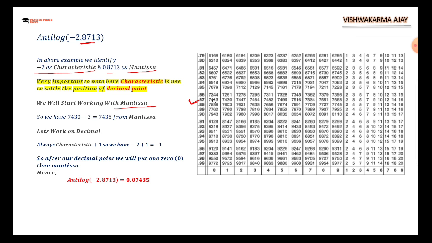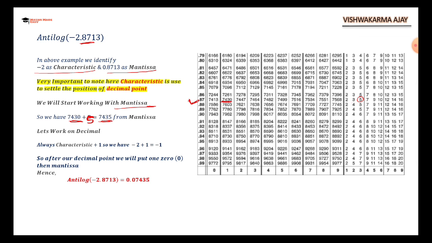This first column is 0 and this is 1. 7430. Mean difference 3. 0.87 mean difference 1 2 3, this is 5. Sorry, this has to be 5. So 7430 plus 5, you will have 7435 from the mantissa.